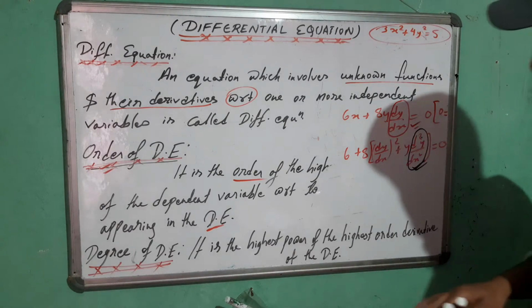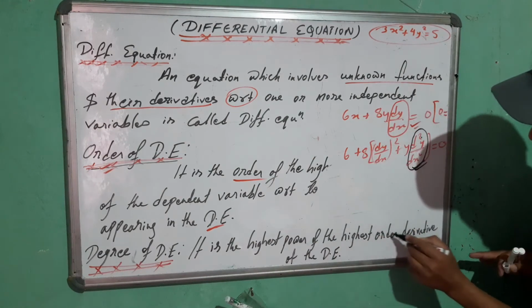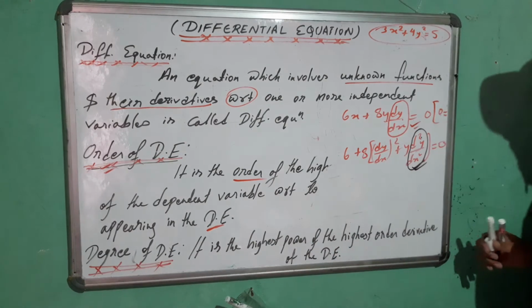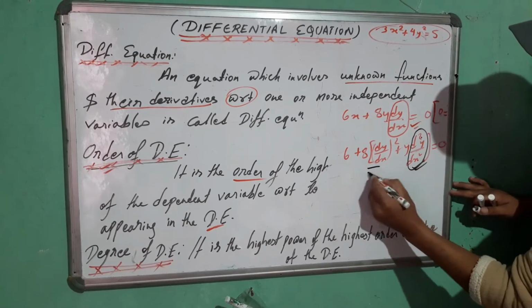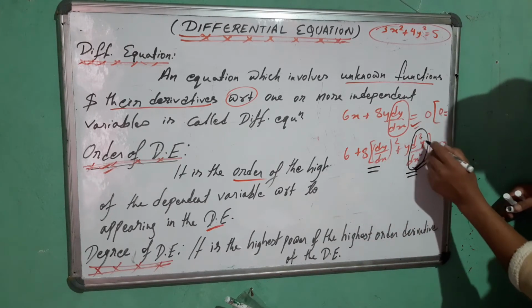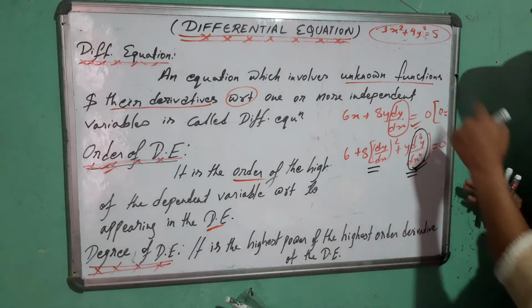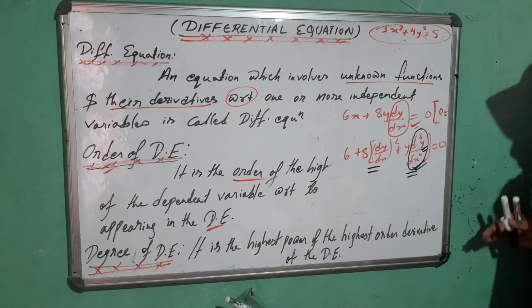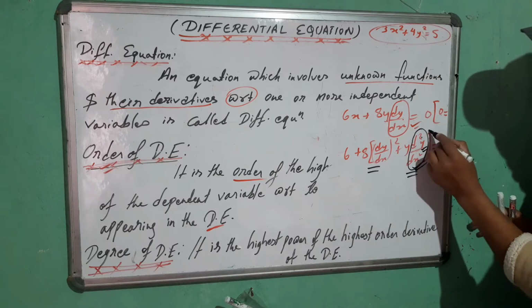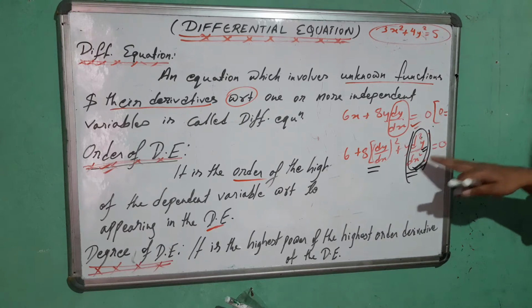Degree means the highest power of the highest order derivative of the differential equation. Here you have two derivatives: one is dy dx and another is d2y dx square. You have to see the highest order derivative, which is d2y dx square, and see its power.